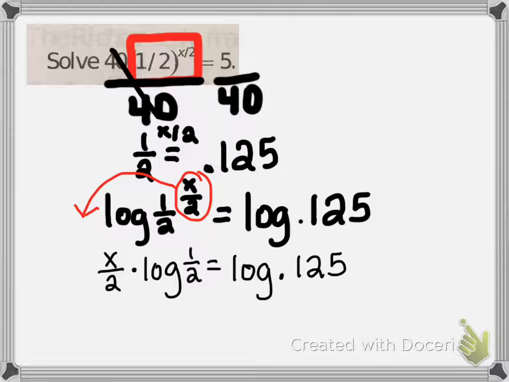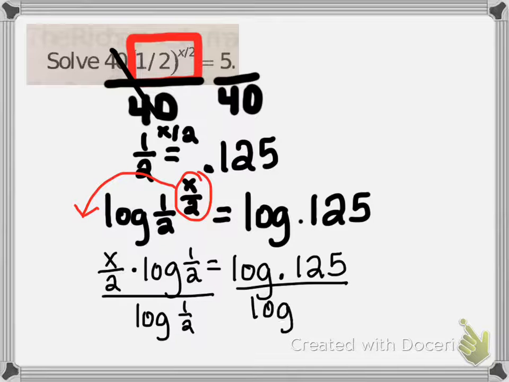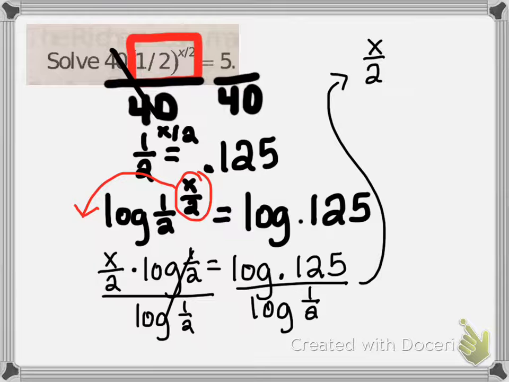So really at this point we just need to simplify, and we can plug this information right into our calculator. So I'm going to go ahead and divide by the log of 1/2. In doing that, I have x over 2 equals the log of 0.125 over the log of 1/2.